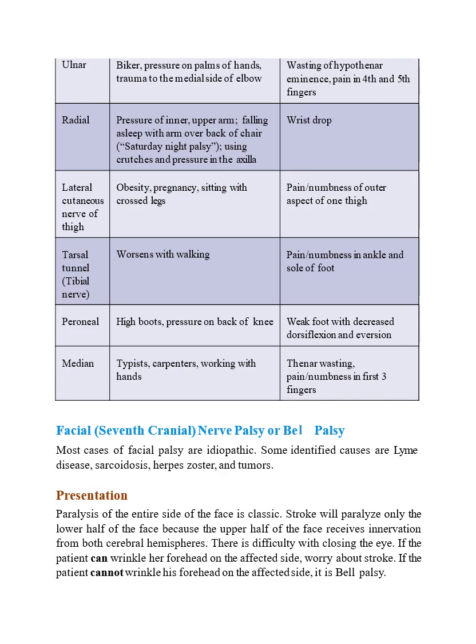For the so-called lateral cutaneous nerve of the thigh, we have obesity, pregnancy, sitting with crossed legs. We have pain and numbness of the outer aspect of the thigh. Also, we have tarsal tunnel or tibial nerve, which worsens with walking, and then pain and numbness in the ankles and sole of the foot.